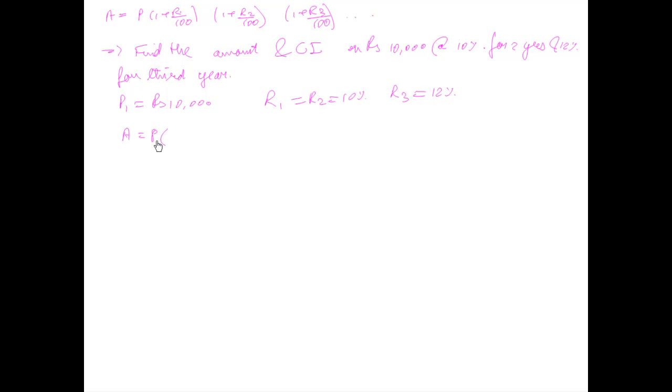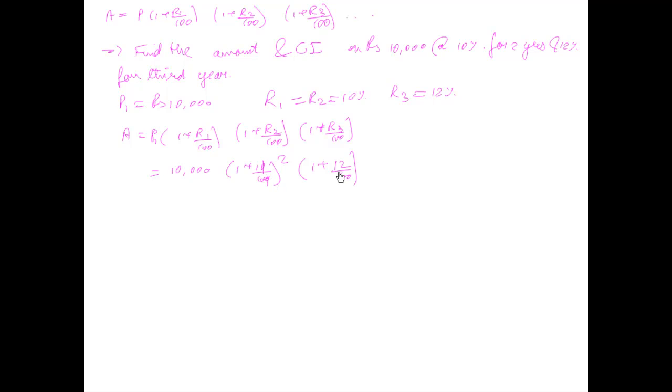Amount is equal to P(1 plus R1 upon 100)(1 plus R2 upon 100)(1 plus R3 upon 100). That's 10,000 (1 plus 10 upon 100) squared, because it's the same rate, and (1 plus 12 upon 100).